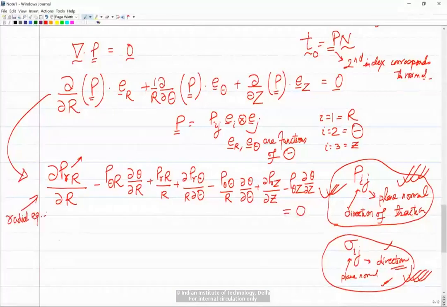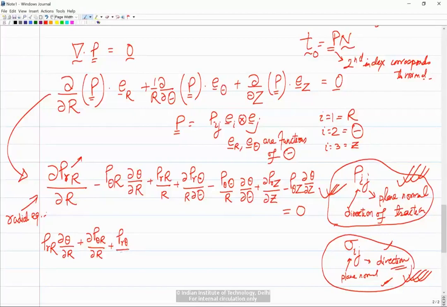Likewise, the theta equation then becomes P small r big R del small theta over del big R plus del P theta R over del R plus P small r theta, which is big theta. Second one is always big one, the undeformed one, okay?